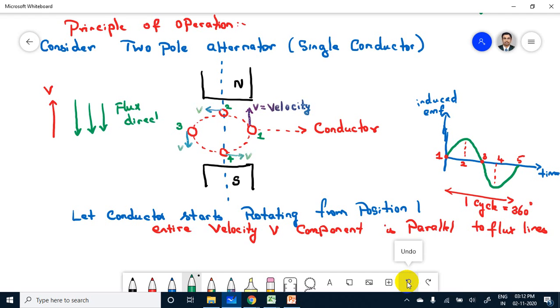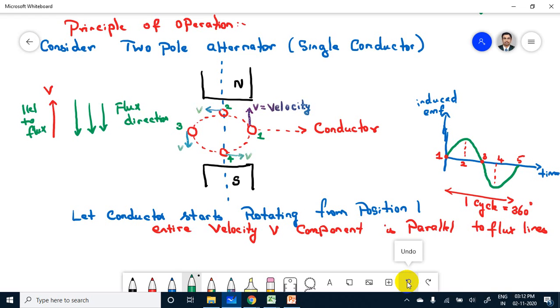This is the flux direction. Velocity is parallel to flux at position number 1, this position, called conductor 1. Do you understand? Parallel to flux lines.